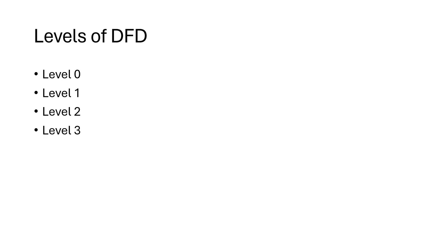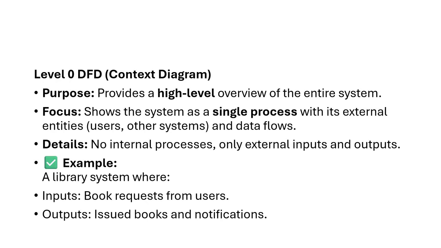Next we have different levels of DFD also, like level 0, level 1, level 2 and level 3 and beyond. Level 0 DFD, which we also know as the context diagram, provides a high level overview of the entire system. It mainly focuses on the system as a single process and its external entities, whether it is the user or other stakeholders, and the data flow in the system.